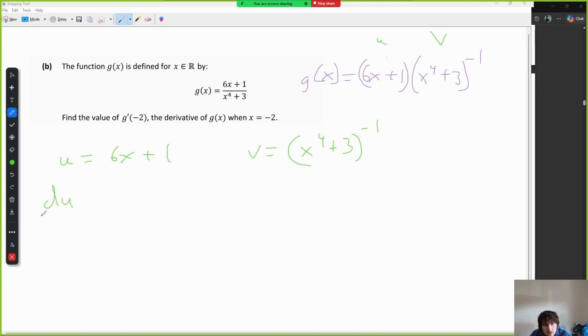So then underneath, du dx is equal to 6. Now dv dx, you multiply down by the power, keep the inside the exact same, because this is the chain rule, reduce the power by 1, and then you multiply by the derivative of the thing on the inside, which gives 4x cubed, because the 3 has no derivative, it's constant.